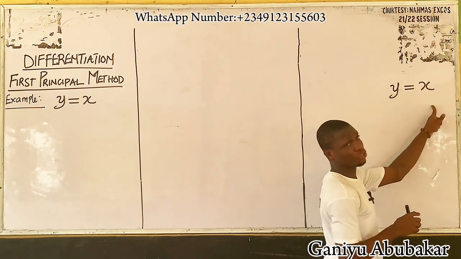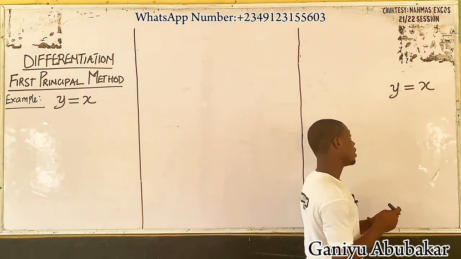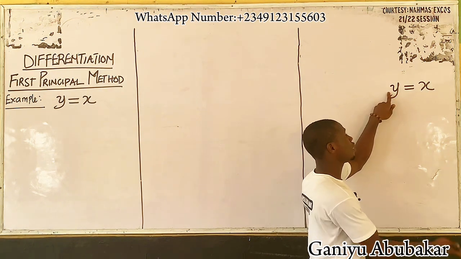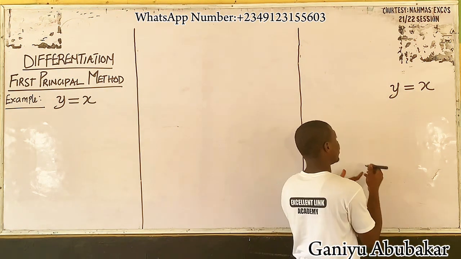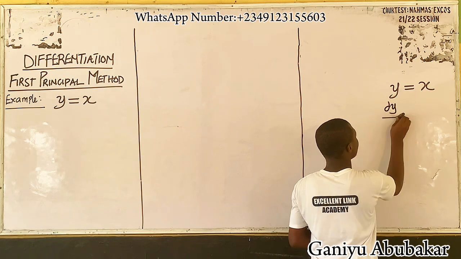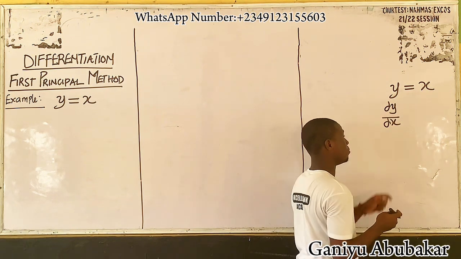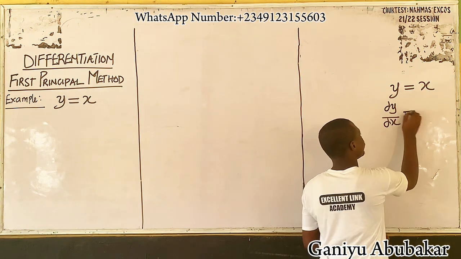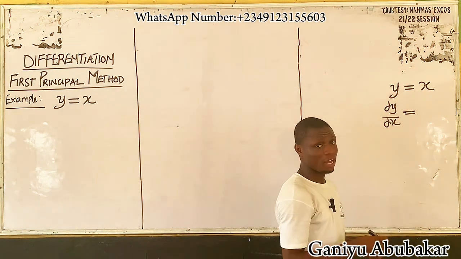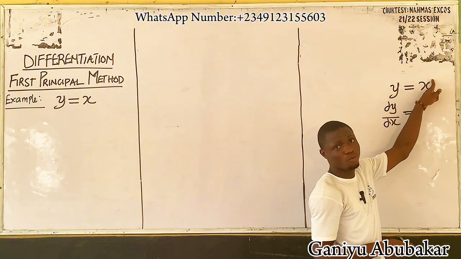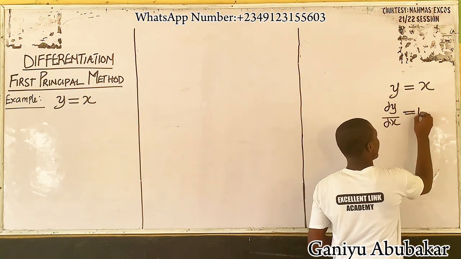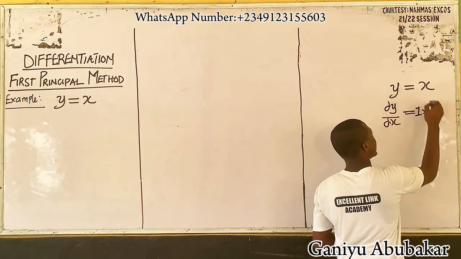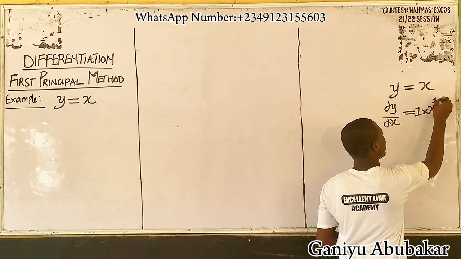So I have y is equal to x, and I'm applying the general method here. I'm representing y with respect to x, so I have dy over dx. We said multiply by the power. What's the power here? An invisible 1 is there. That becomes 1 times x to the power 1 minus 1.